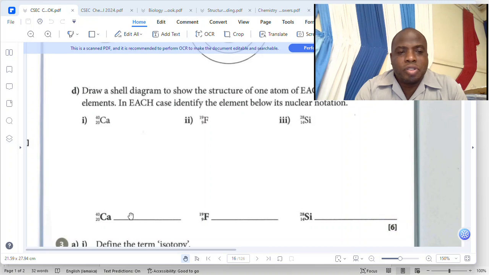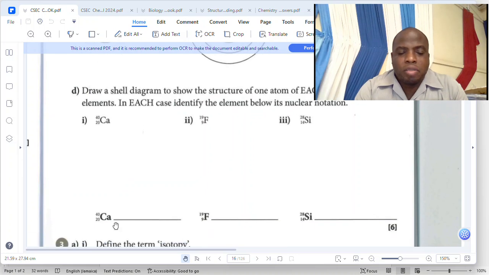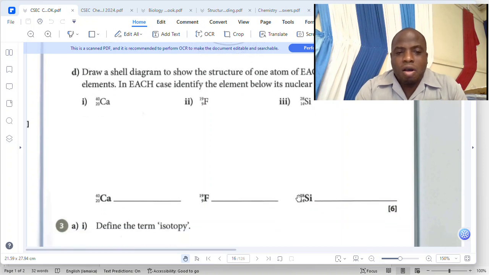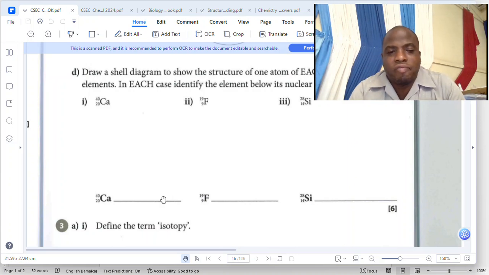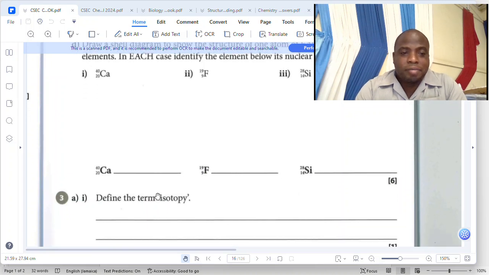You're supposed to do the electronic configuration as well. Or just for argument's sake, you can do the electronic configuration to help you get some practice, but I really want the name or identification.